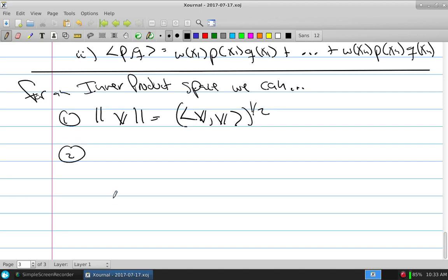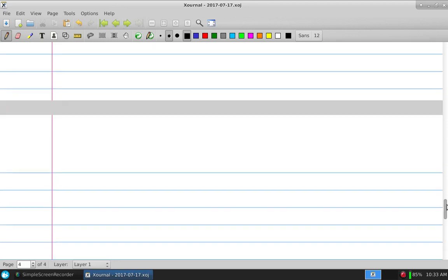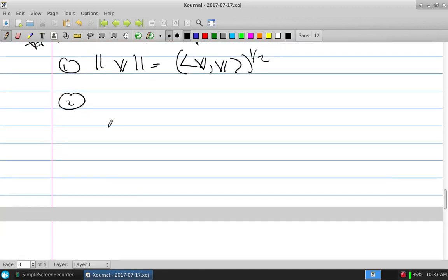The second thing that we could do is we know angles. So since Cauchy-Schwarz is here, we have that if you take an x and a y inner product, which can return a positive or a negative value, and take the absolute value, this is always less than or equal to the magnitude of x times the magnitude of y.